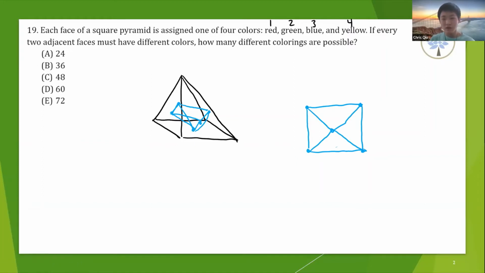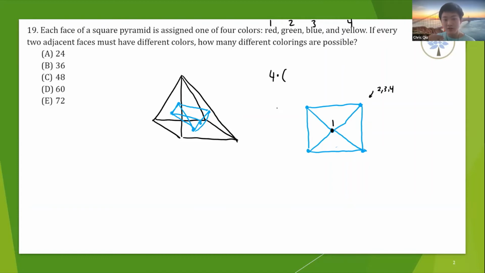So first of all, we can choose any color for our central vertex. And let's just say we choose color 1. And then we know that each of the other 4 dots must not use the color 1, because each of the other 4 dots are adjacent to this dot. And so we must use the colors 2, 3, and 4 for the 4 remaining dots, or vertices, whatever you call them.